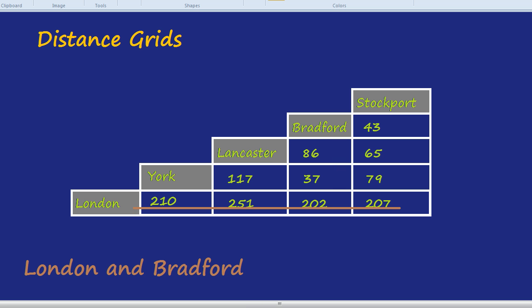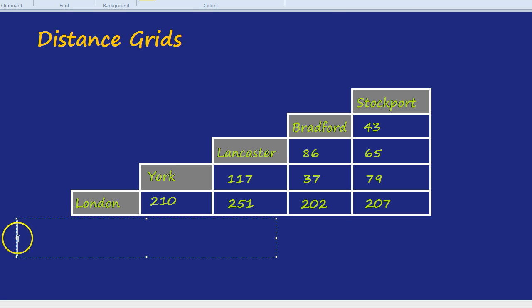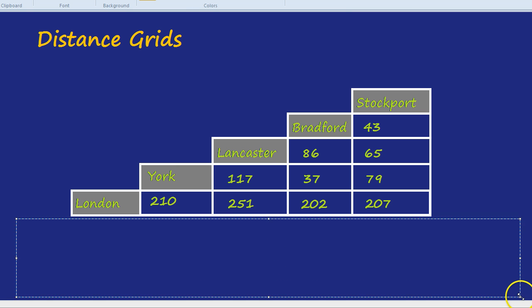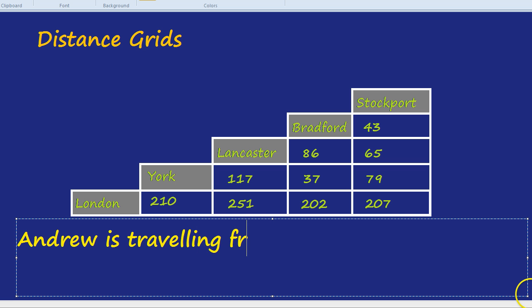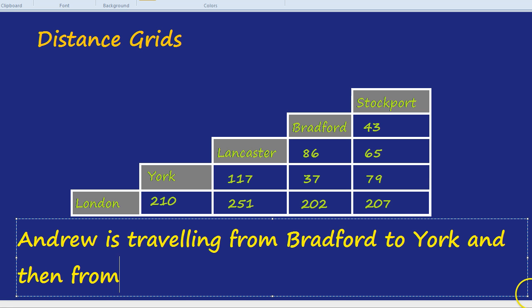Okay, an exam style question will basically incorporate that technique, and so it would ask you something like, Andrew is travelling from Bradford to York and then from York to London.